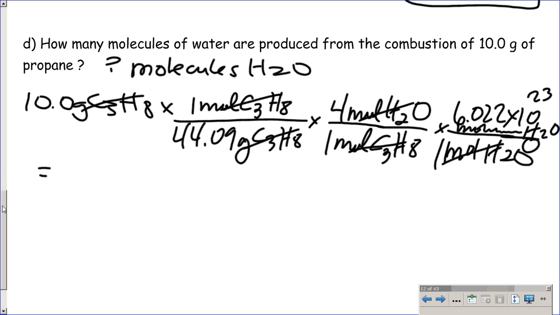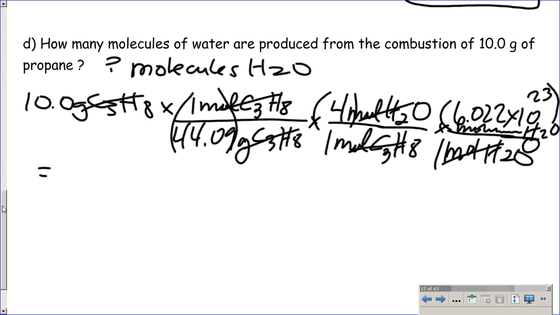So in your calculator, you would have to put 10 times fraction 1/44 times 4 times 6.022 times 10 to the 23rd. And I like to put parentheses on everything just in case it's in a denominator, because then it won't work well if you don't put parentheses.